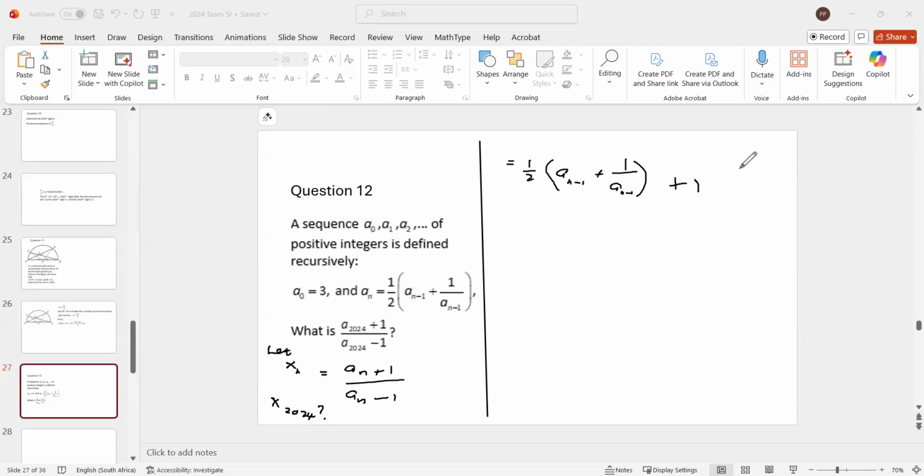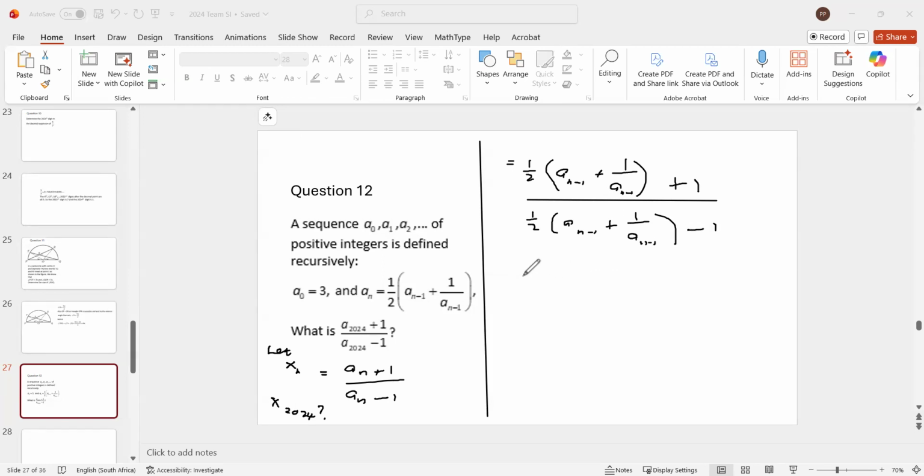And then I'm going to divide this thing by an minus 1, same thing. But now there's a minus sign. So look at half of an minus 1, the n minus 1th term, in other words, an minus 1, minus 1.